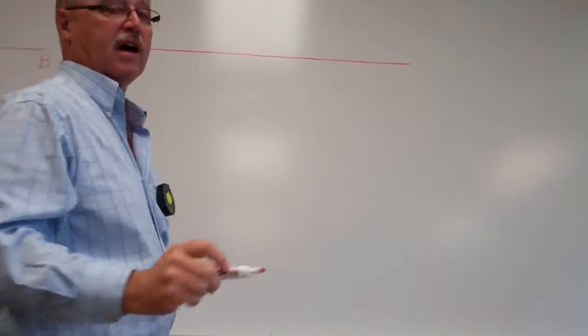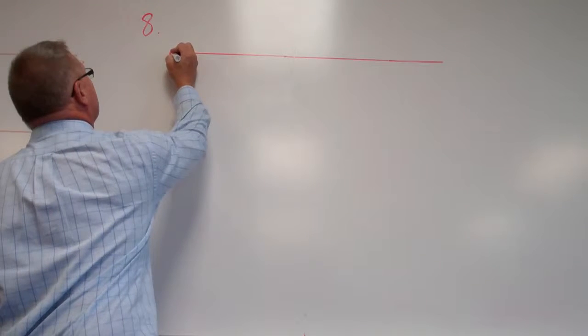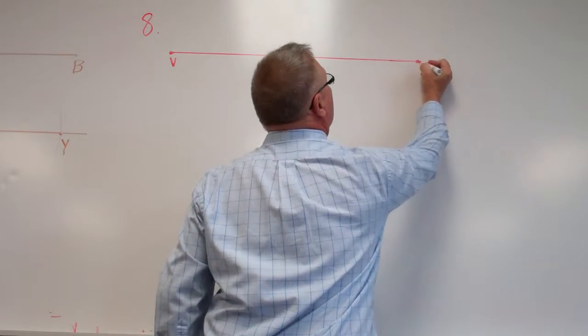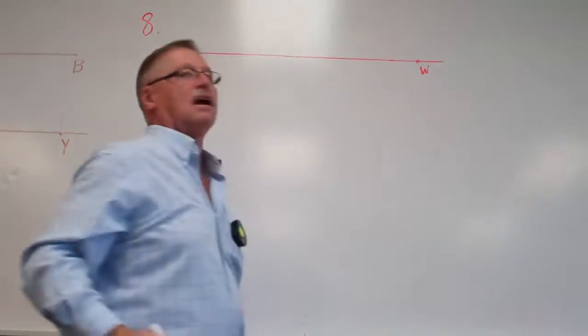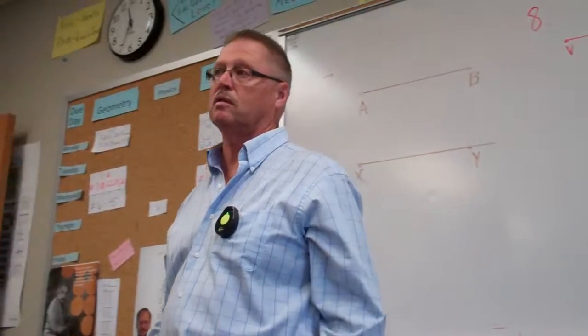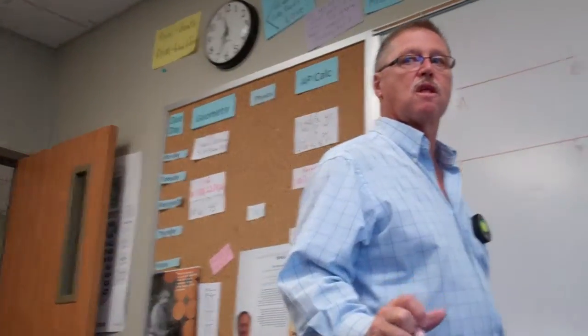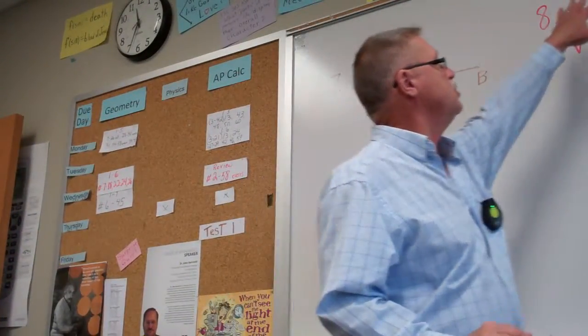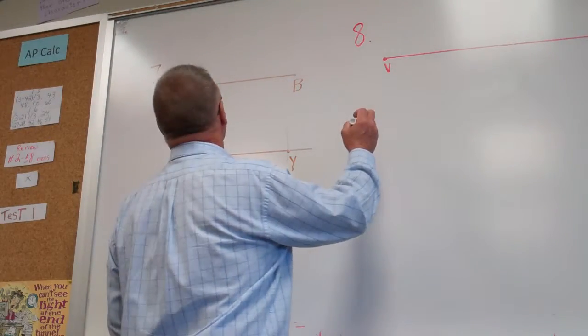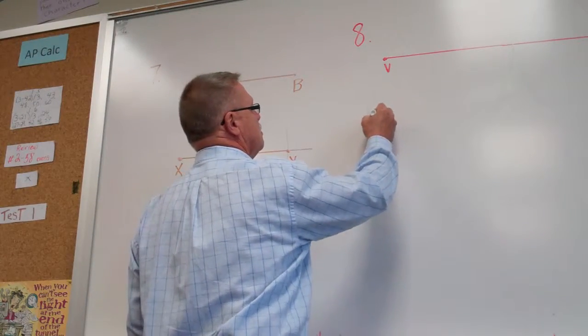And let's call that our BW. That'll be twice as long, won't it? That'll work. That'll be your number 8. So two ABs fit on BW.